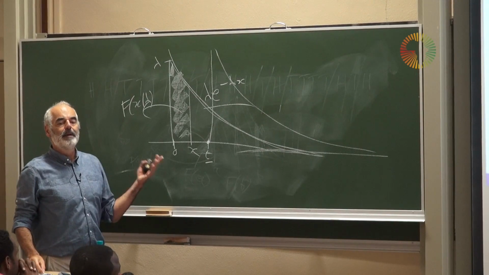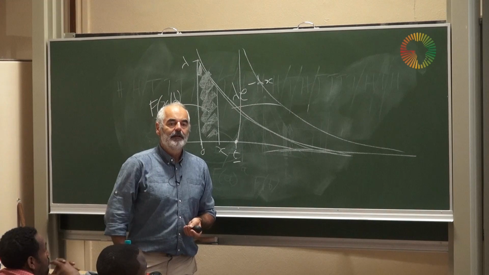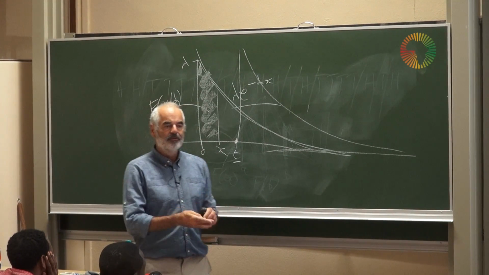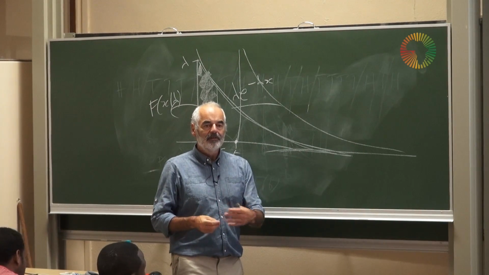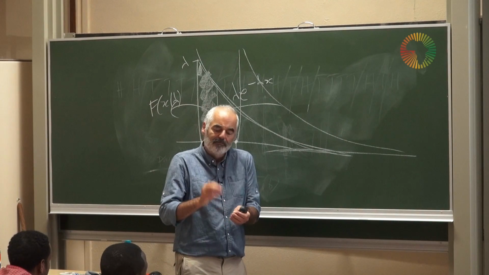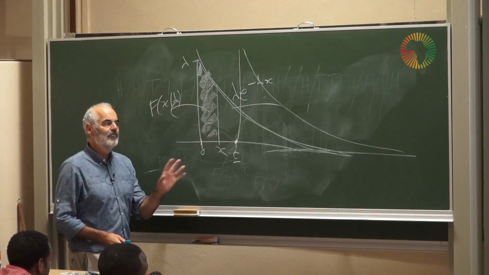It's got no memory. So it's like flipping a coin. If I'm waiting for a head, and I flip 2 tails, my waiting time for the head is still exactly the same. It hasn't changed. There's no memory in the system. So it's what's known as the memoryless property.